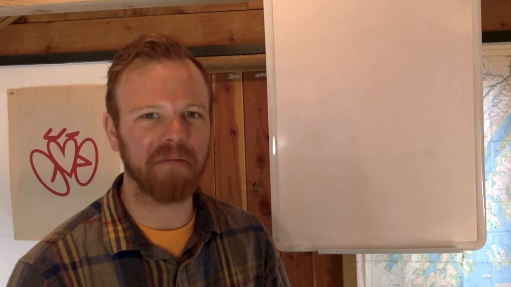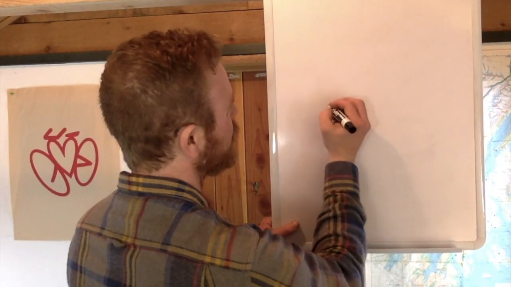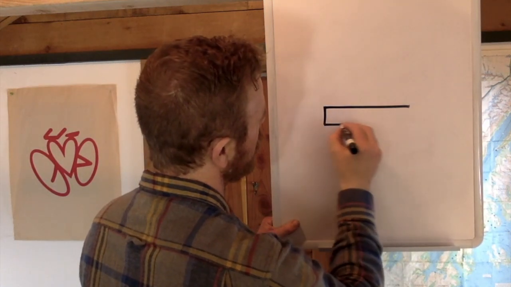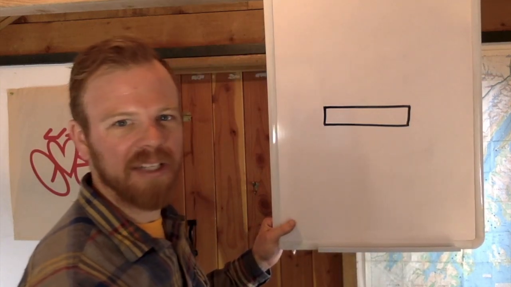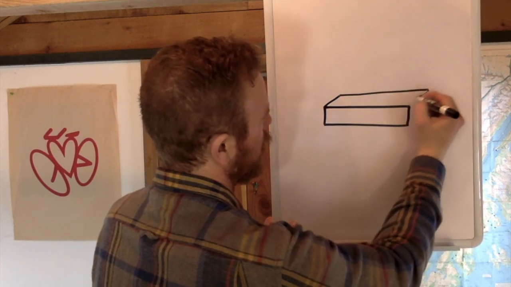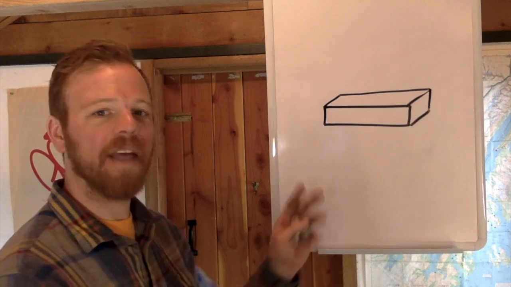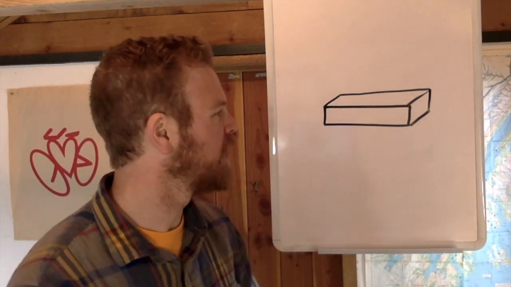We're going to start with a rectangle cube. First, I'm going to draw a rectangle. I'm going to make it into a cube. And this is going to be our space shuttle, the body, the fuselage.